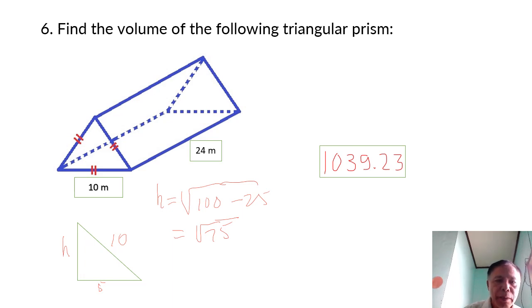So volume equals base times height. Your base is 1/2 BH. So 1/2, your B there is equal to 10, and the h refers to the square root of 75. Of course, this one is the base. Your length there is 24.